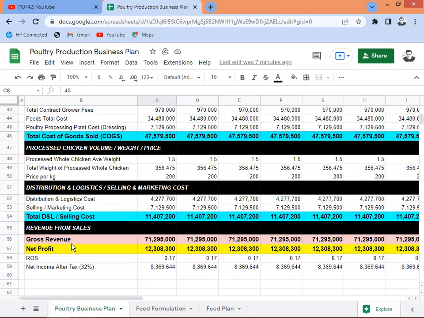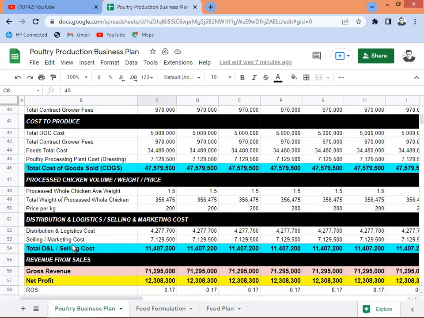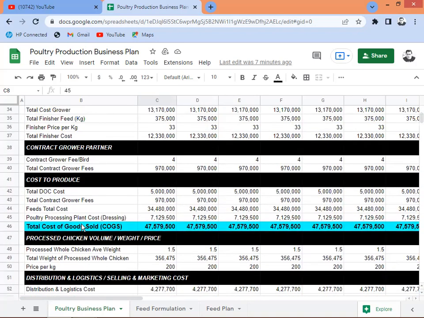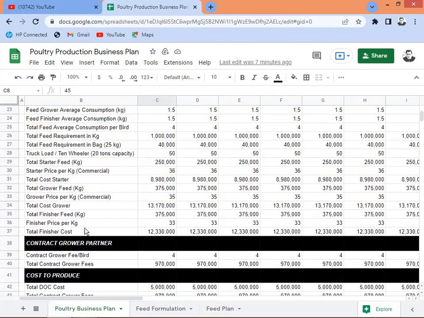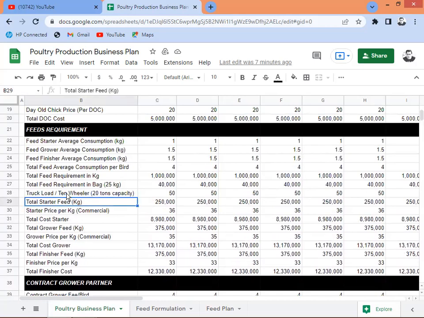So I have indicated here the gross revenue and the net profit. So right now, I'm gonna proceed with our planning by doing the requirement on feeds right here, feeds.